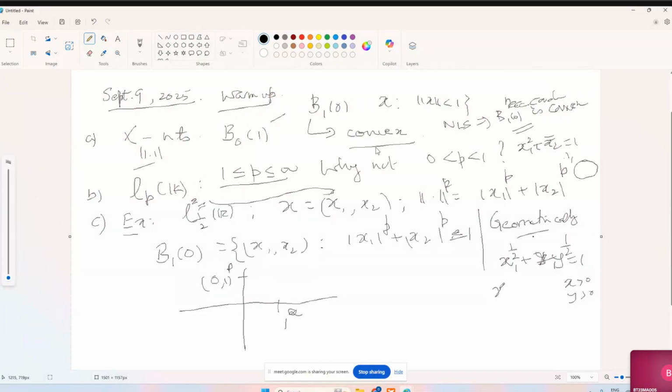So let us look at x1 raised to half equal to 1 minus y raised to half. I'm taking x less than 1 and y less than 1. So square it up. You get the square of this equal to the square of that. What do you think this curve is?